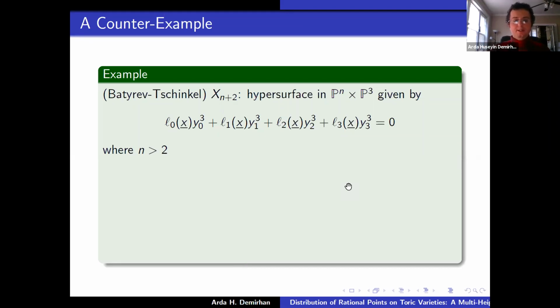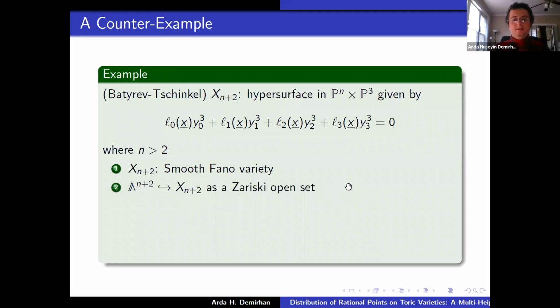Here n is bigger than 2, the l_i are linearly independent, and x underline means x_0 up to x_n. It turns out that X_{n+2} is a smooth Fano variety, so it satisfies the first assumption.